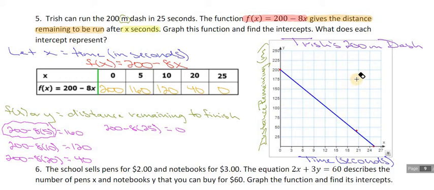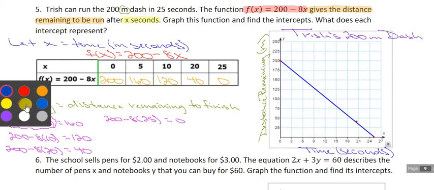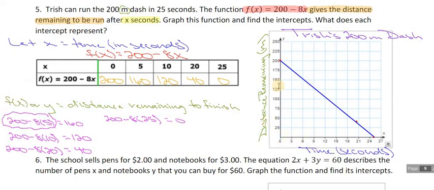All right, so what is this graph displaying? Well, the x-axis is time in seconds, and the y-axis is the distance remaining. So let's not try to recreate the wheel, and let's just describe what's happening. So if the time is 0, it means she didn't even start running yet. Okay, so if the time is 0, she didn't start running, she's at a distance of 200 meters from the starting line.